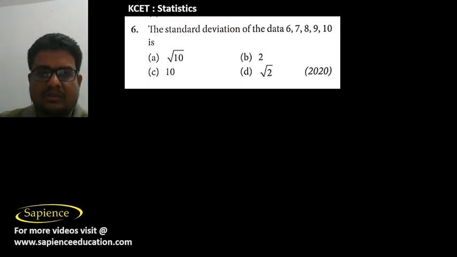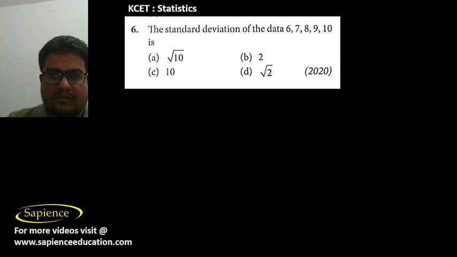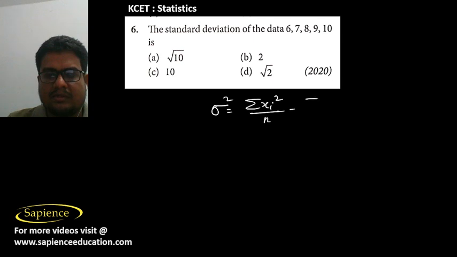In question number 6, it is told the standard deviation of the data is asked. Sigma square is equal to summation xi square by n minus summation xi by n whole square.